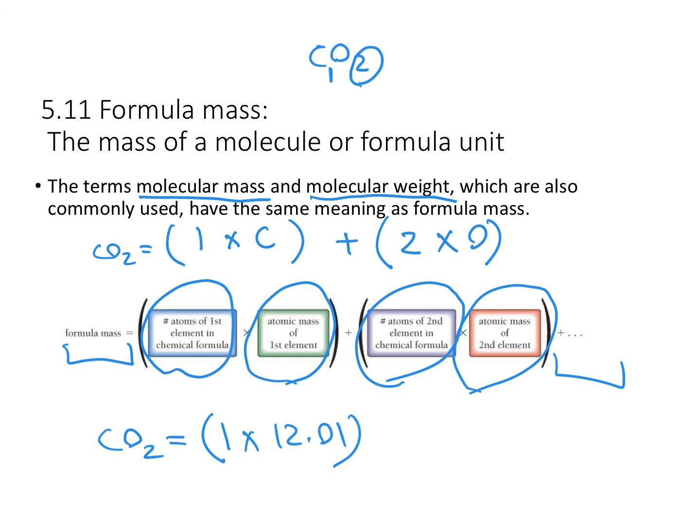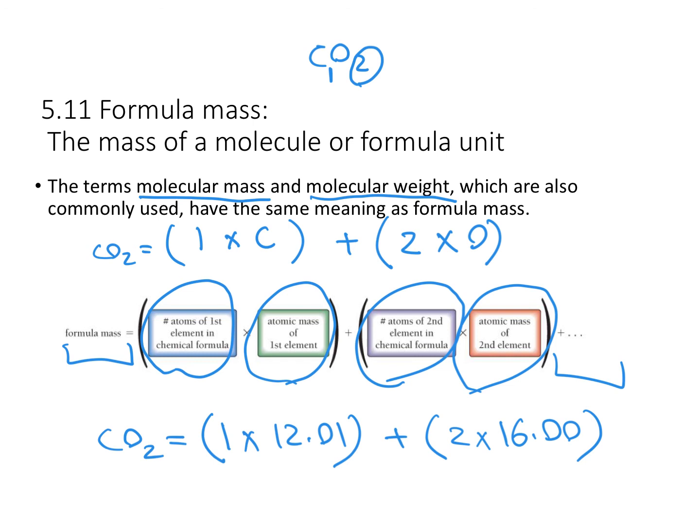Depending on what periodic table you use, the decimal points would be slightly different. For instance, here the number for oxygen is 15.999, but in your book it is 16.00. But whichever of those you use, you get the same number, so don't worry about that. Plus 2 multiplied by 16.00.